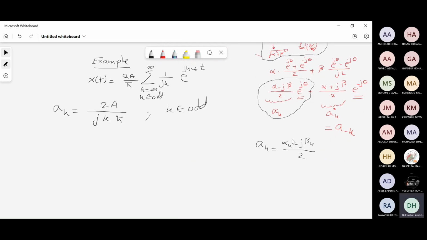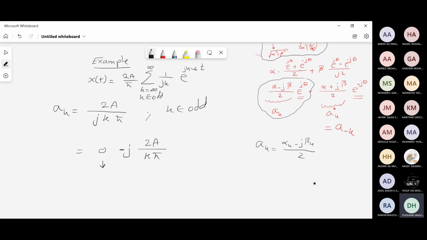So let me put it in this form. If you take j up, then it becomes minus j multiplied by 2a divided by k pi. Real part equal to 0.